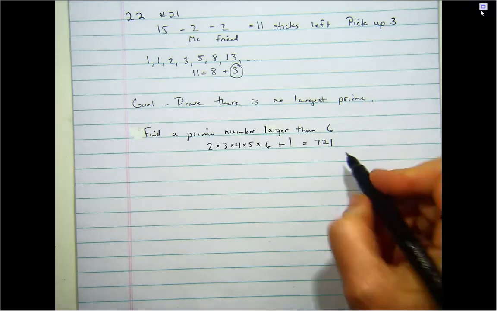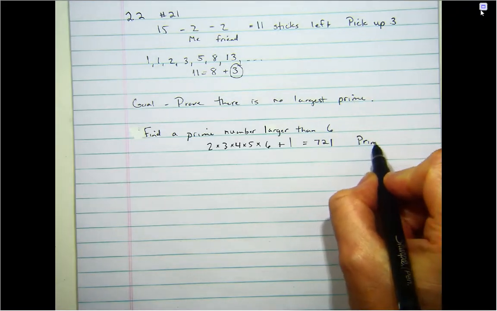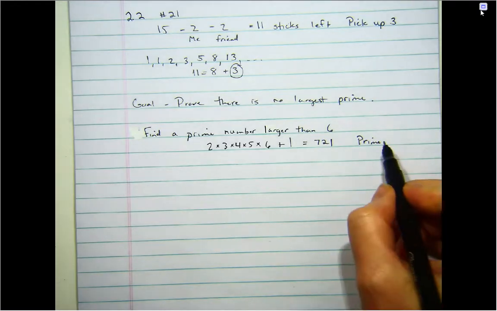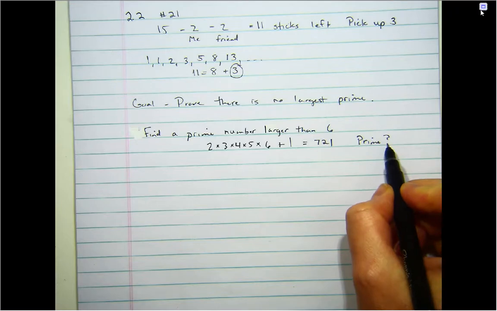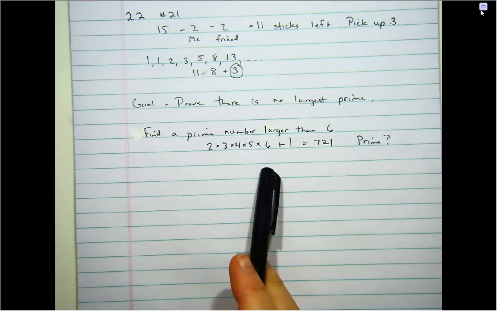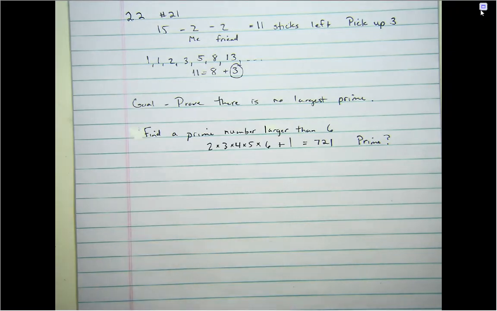However, is this prime? Did we find a prime larger than 6 in the number 721? Well, I know it's not divisible by 2, 3, 4, 5, or 6, so I might as well go right to 7 and see if it's divisible by 7.